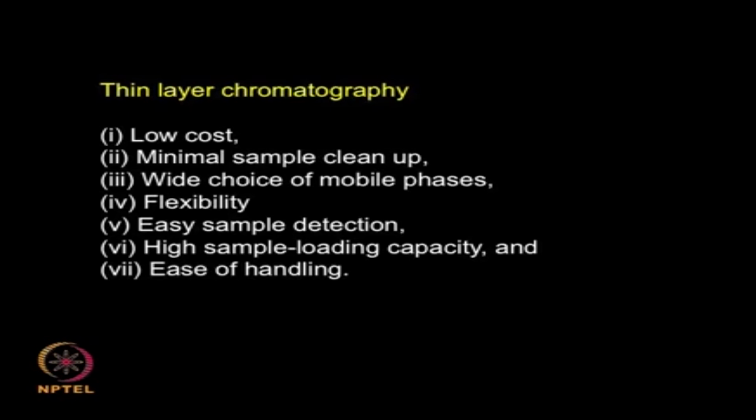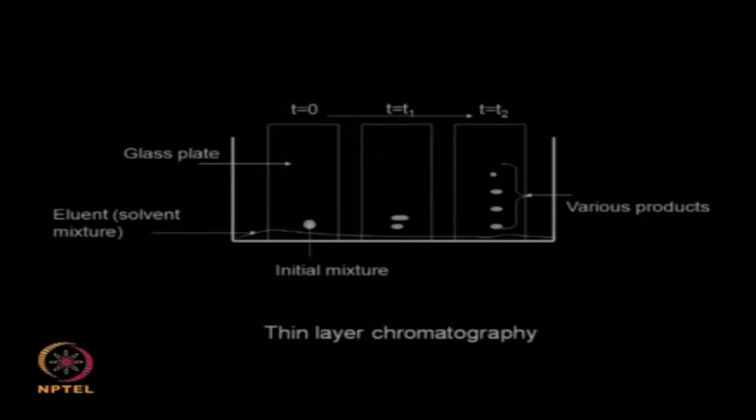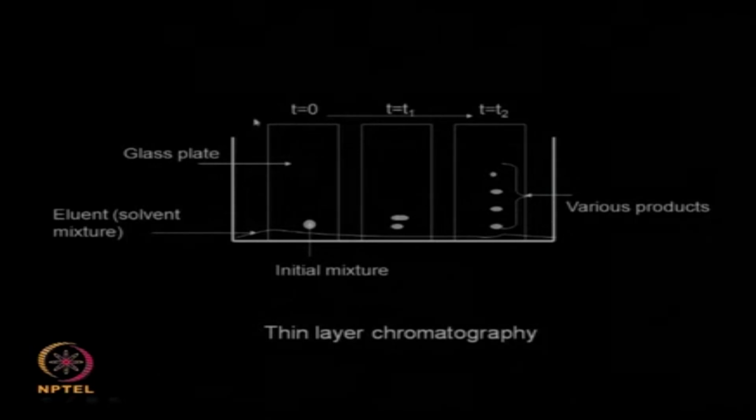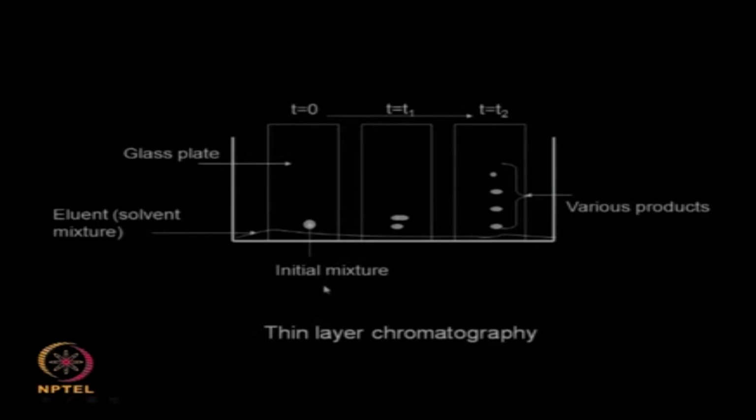So a synthetic organic chemist, if he is preparing something in his lab, immediately he checks whether the product has formed, whether intermediates are formed by using a TLC, thin layer chromatography. So what does he do? He has a glass plate, and then on top of the glass plate he has coated silica. Okay. Then he puts in his sample mixture, he dips it into a solvent, this could be a single solvent, multiple solvents.